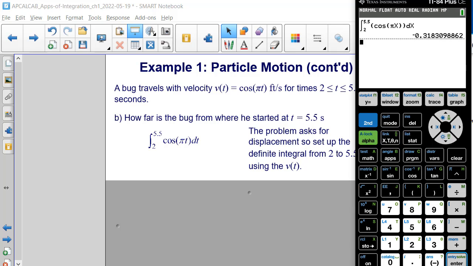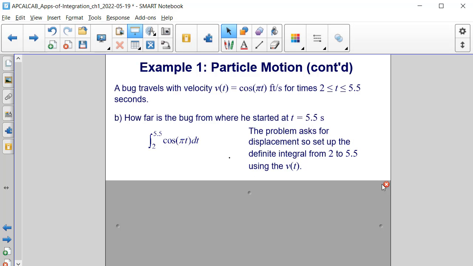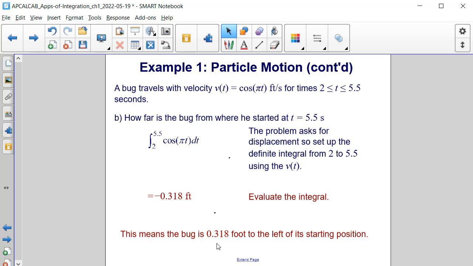And when we evaluate this, we get about negative 318 thousandths of a foot. This means that the bug is 318 thousandths of a foot to the left of its starting position.